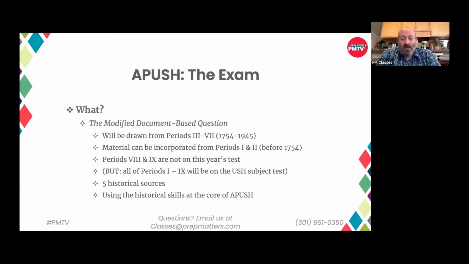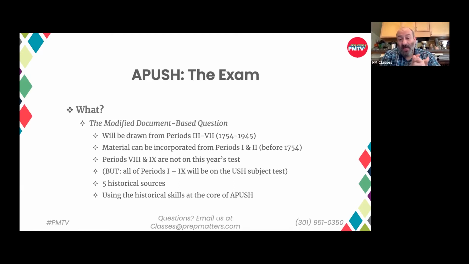So you're going to be using 5 historical sources. You're going to be using the historical skills at the heart of APUSH, and I'll say more about that. By the way, I've got subject terms on the course page for APUSH. You'll see a guide to the themes that I'm about to talk about, as well as the historical skills.